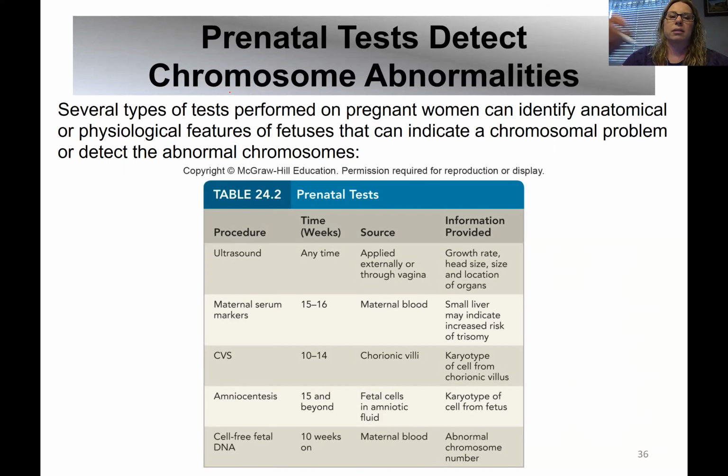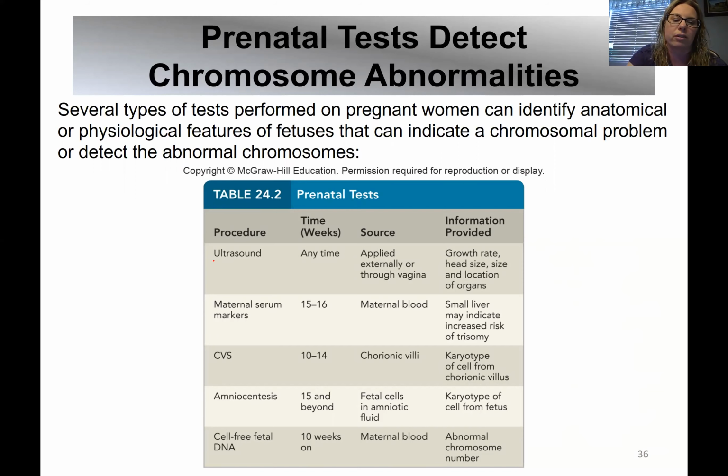This chart tells us some prenatal tests we can do on the pregnancy to prepare if the baby is going to be born with some chromosomal problems.